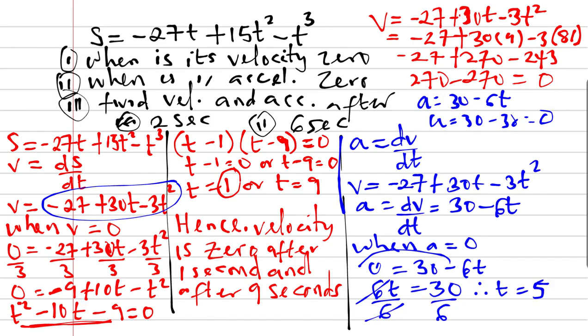All you just do is to plug in 2 in this velocity and you will get your answer. Then for the second question, you plug in 6 also. Then after that, you come to acceleration. Your acceleration is 30 minus 6t. So you plug in 2, that should give you 30 minus 12.